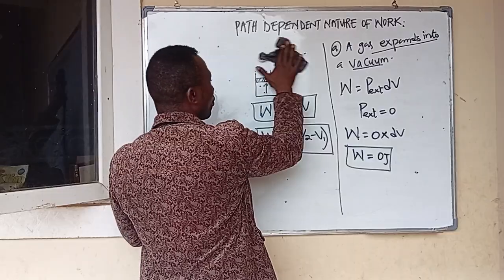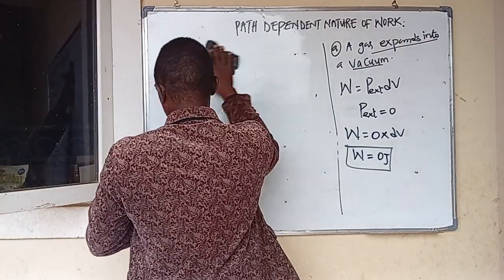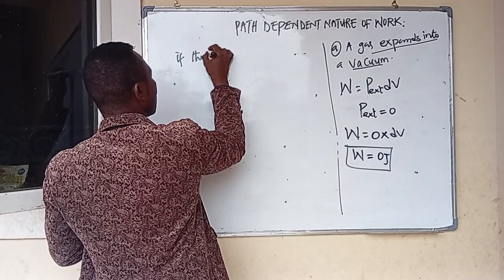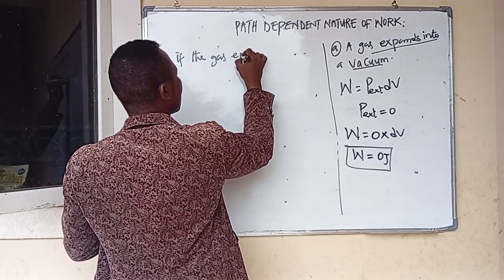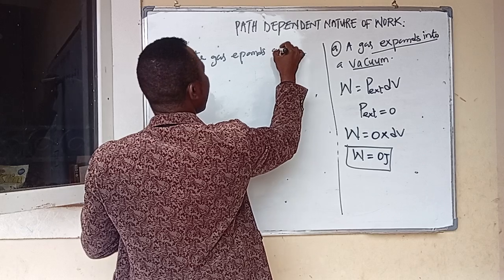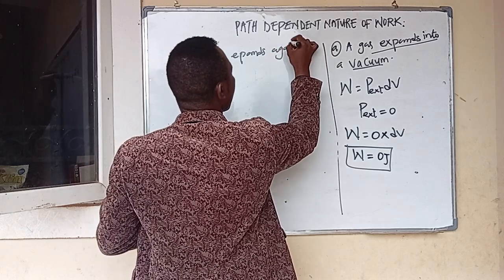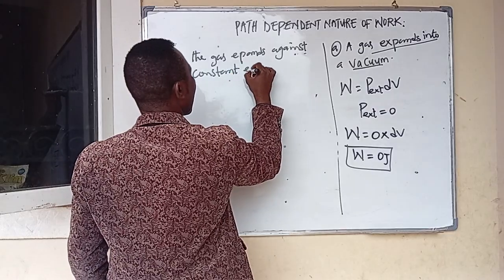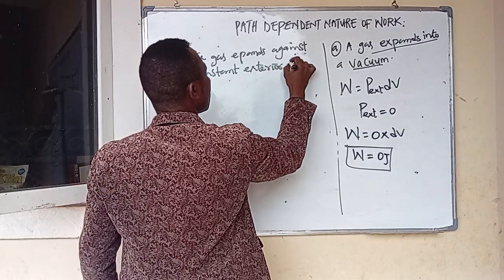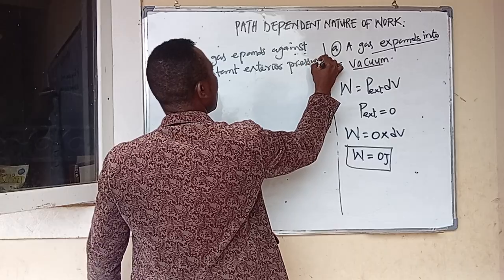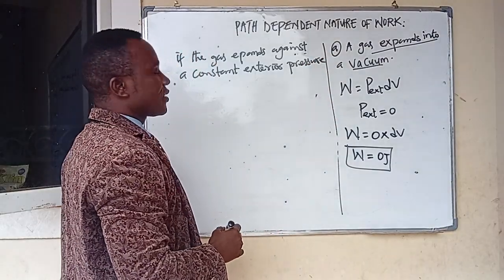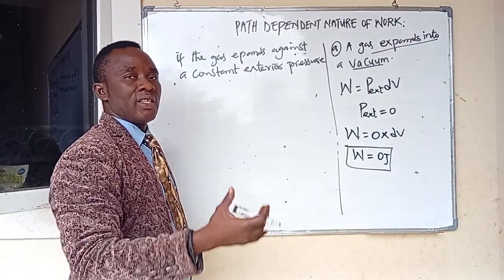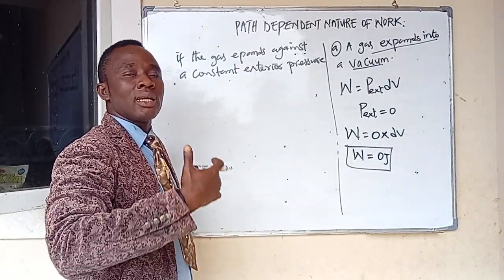So let us go into another situation. Assuming the gas expands against a constant exterior pressure. Constant exterior pressure here simply means that there is an exterior pressure, which might be 1 atm, 2 atm, and so on.